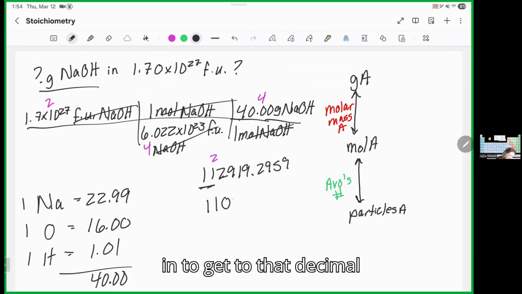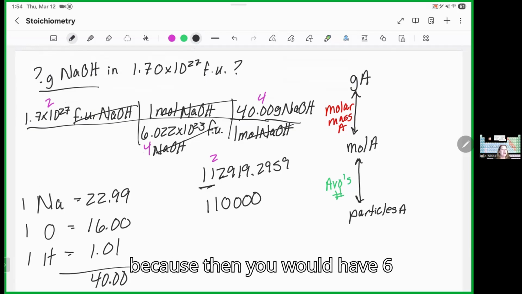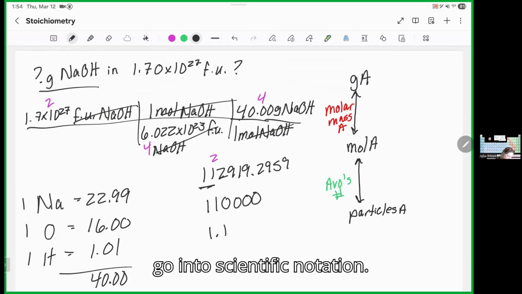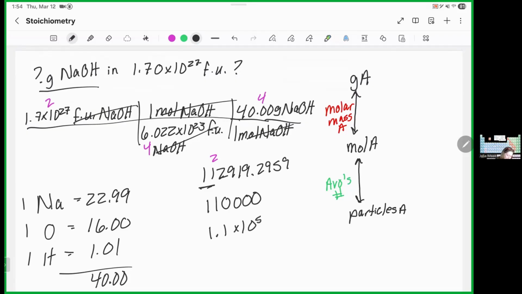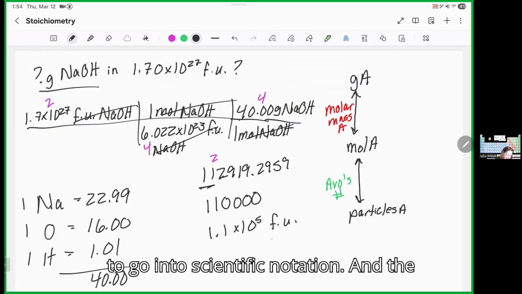So you either have to put zeros in to get to that decimal place, but don't add the decimal place because then you would have 6 sig figs, or you could go into scientific notation. Your best bet on this is to go into scientific notation.